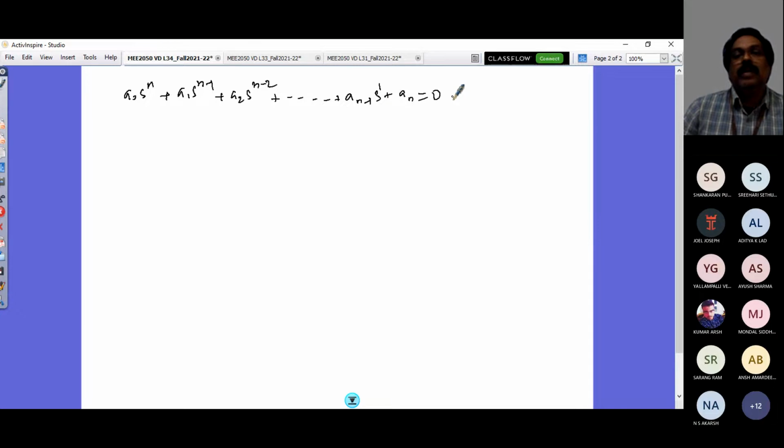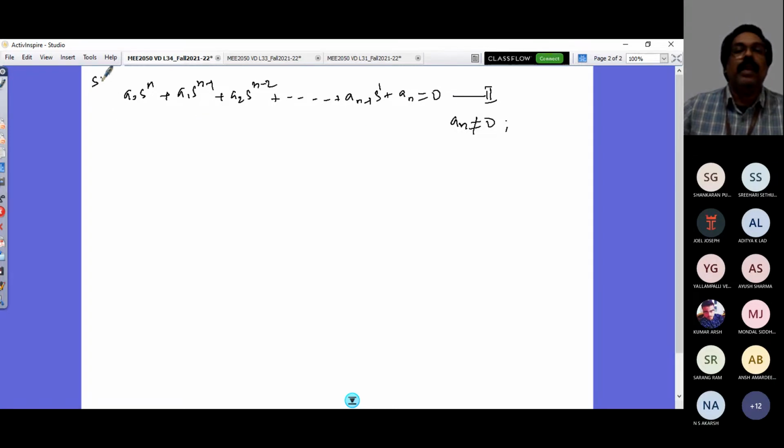This is your characteristic equation. In this, an should not be equal to 0. This constant term should not be equal to 0. That's an essential thing. If that is 0, what does that mean? There can be roots which are 0 roots. Having this condition, the 0 roots are removed.